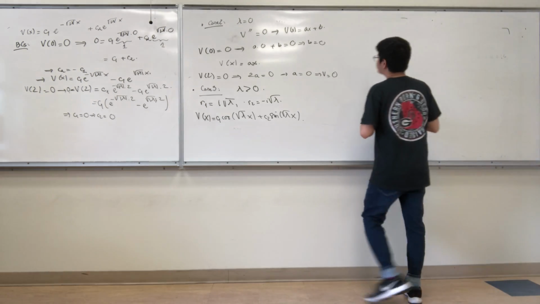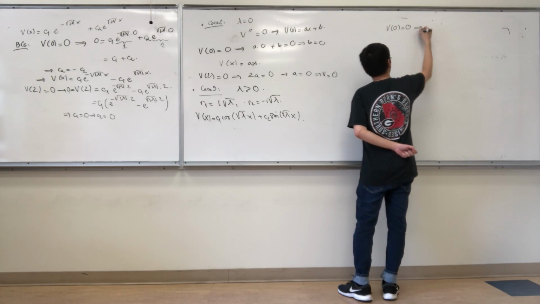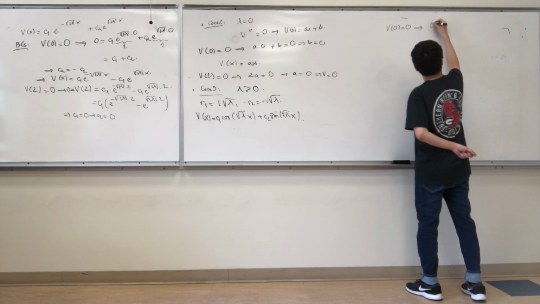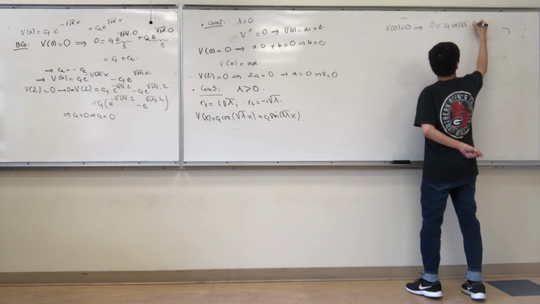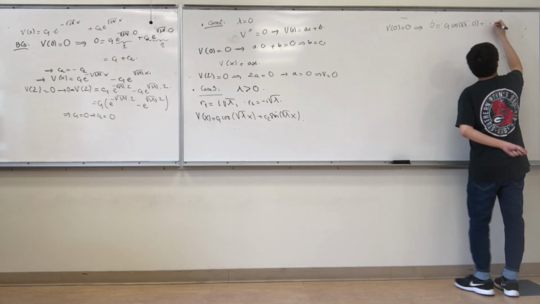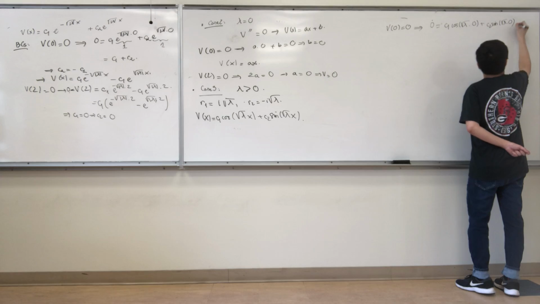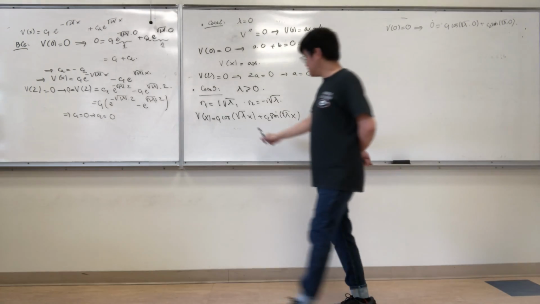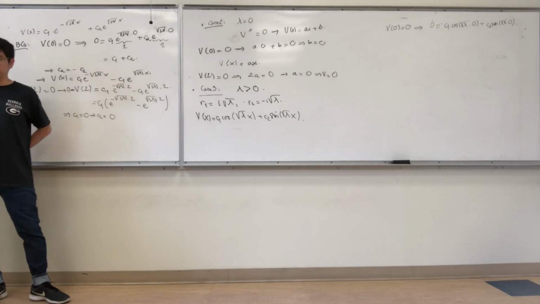So now we're going to use the boundary condition. You have v of 0 is 0, which means that 0 is C1 cosinus of square root of lambda times 0 plus C2 sinus of square root of lambda times 0. Alright? So after you found this formula, you're going to use the boundary condition, right?